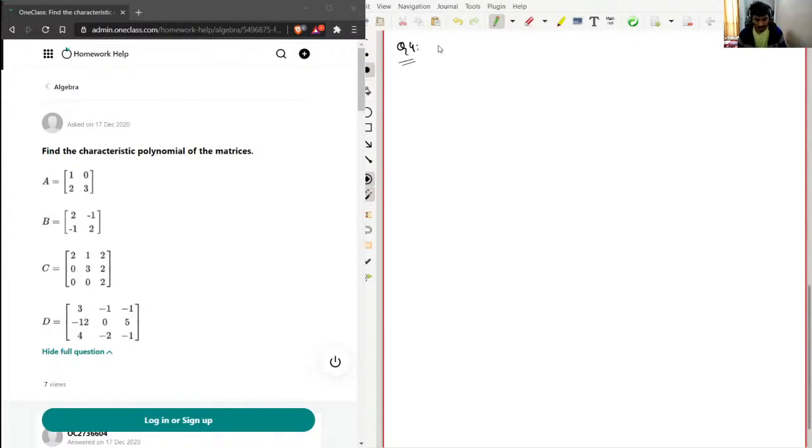So I'll start writing with the red color now. I just like writing with different colors. So question number 4, characteristic polynomial of the matrices.